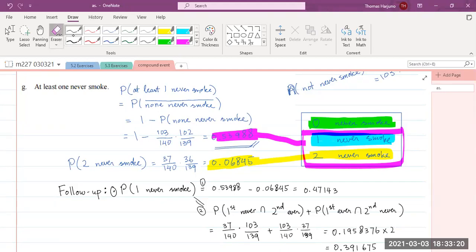Totally wrong. Okay, sorry. I make miscomputation here. This is supposed to be 1 minus. In other words, this number that I get here is coming from here. Okay, so if I subtract that from 1, that will be 0.46012.